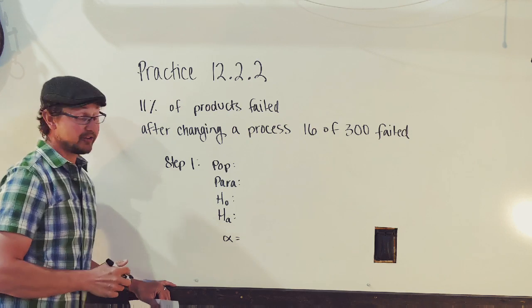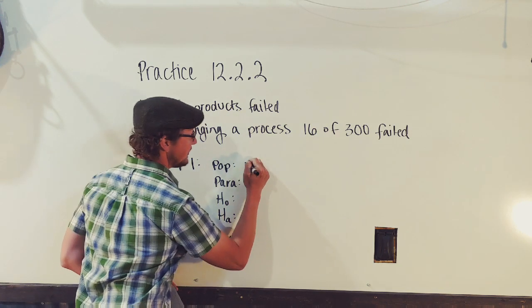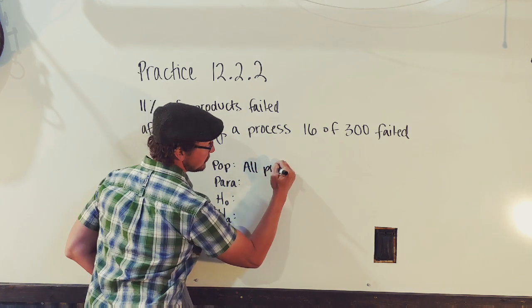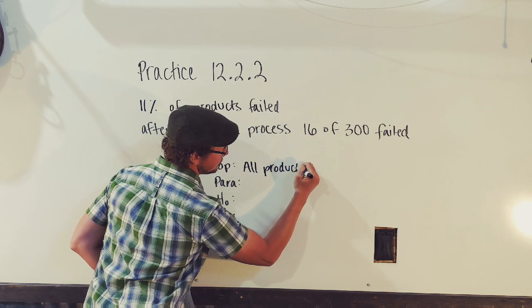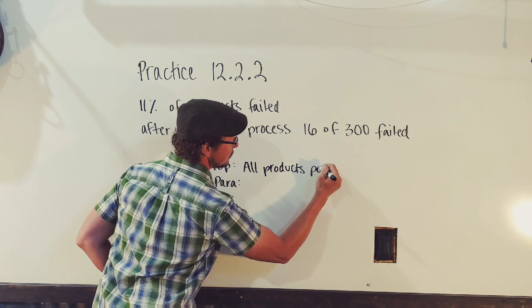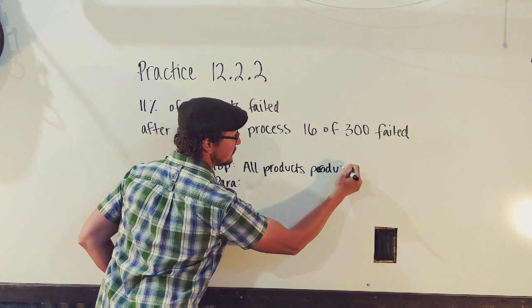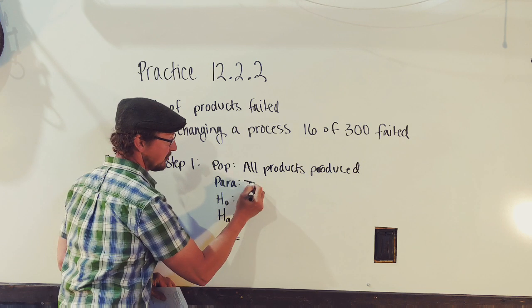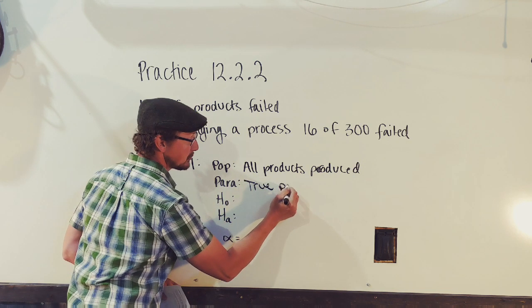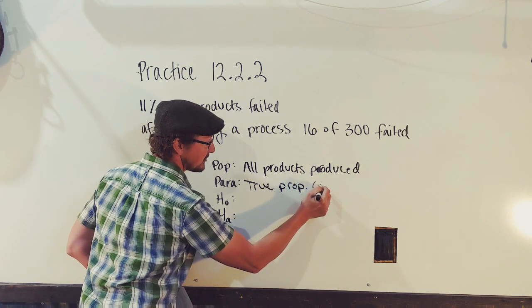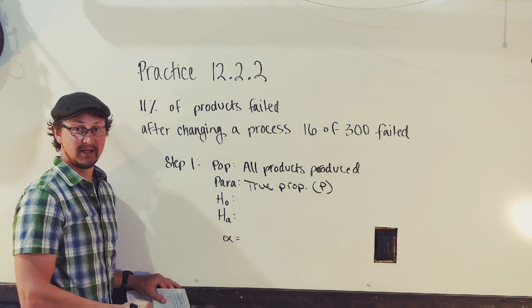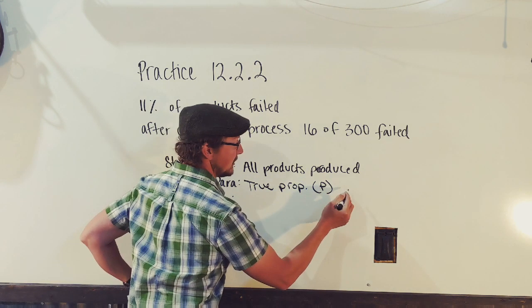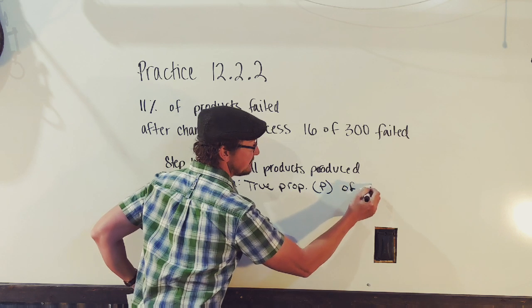So the population is going to be all products produced. And my parameter is the true proportion. We're now talking about proportion. That's P instead of mu, the true proportion of failures.